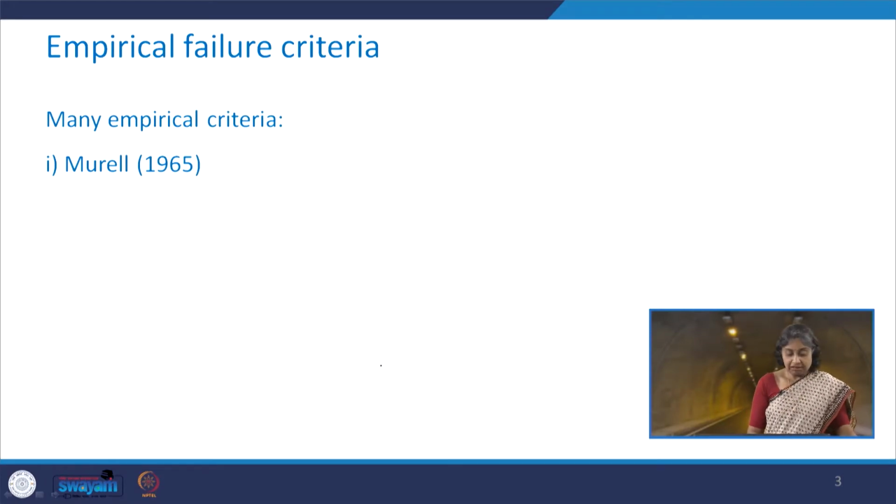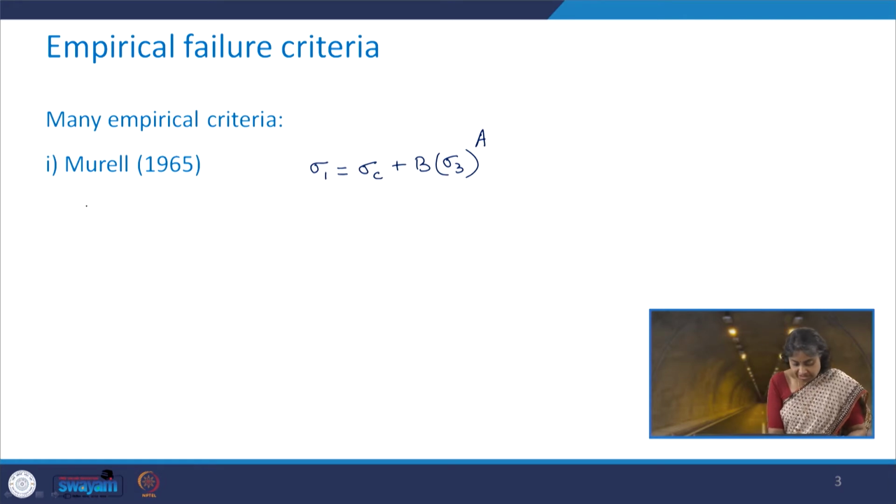So, let us take a look at some of the empirical criteria. The first one that I am going to discuss with you is given by Murrell, which was given in 1965. He proposed that sigma 1 can be represented as sigma c plus b into sigma 3 to the power a, where sigma c was the input parameter which will be available.